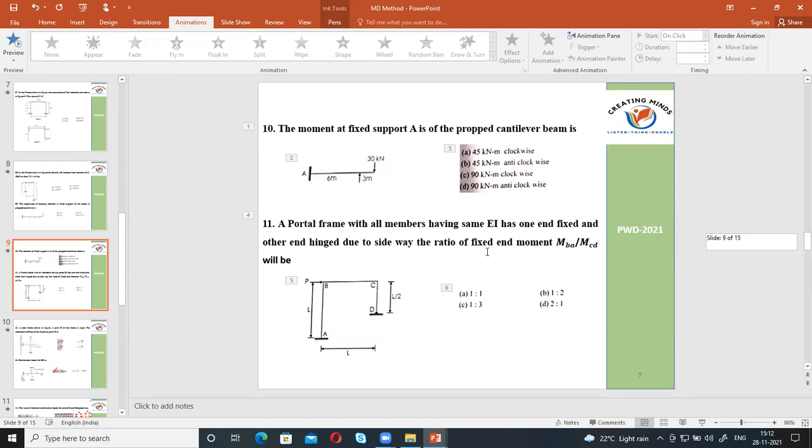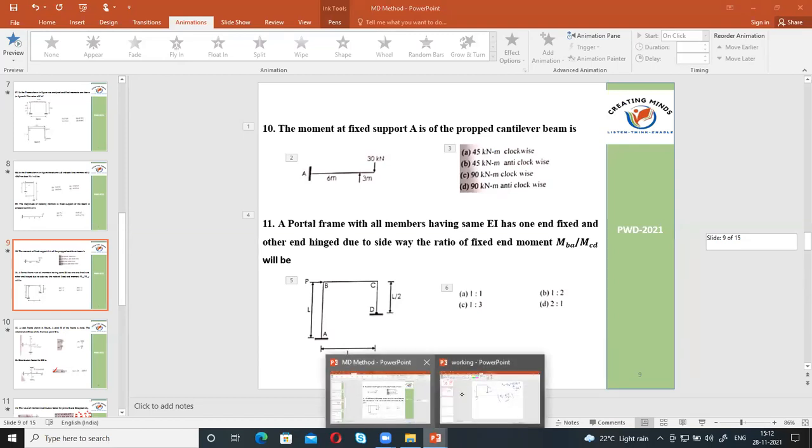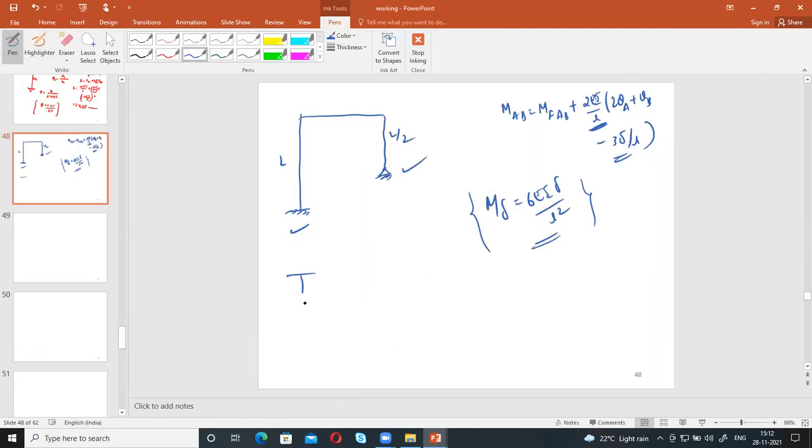FEM, sir. When FEM comes into play, we are not dealing with stiffness. In FEM we are assuming all ends to be fixed. In this kind of frame, the value of FEM is 6 EI delta by L square.